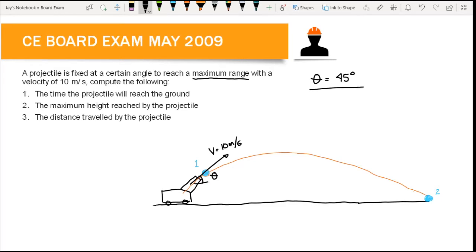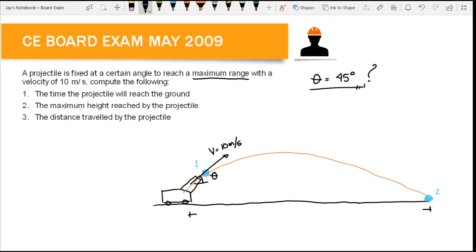This is from the derivation. So again, when the problem says maximum range, that always constitutes an angle theta equal to 45 degrees. How does this theta become 45 degrees when we are referring to maximum range? When we say maximum range, that is the maximum horizontal distance from the initial point to the final point.